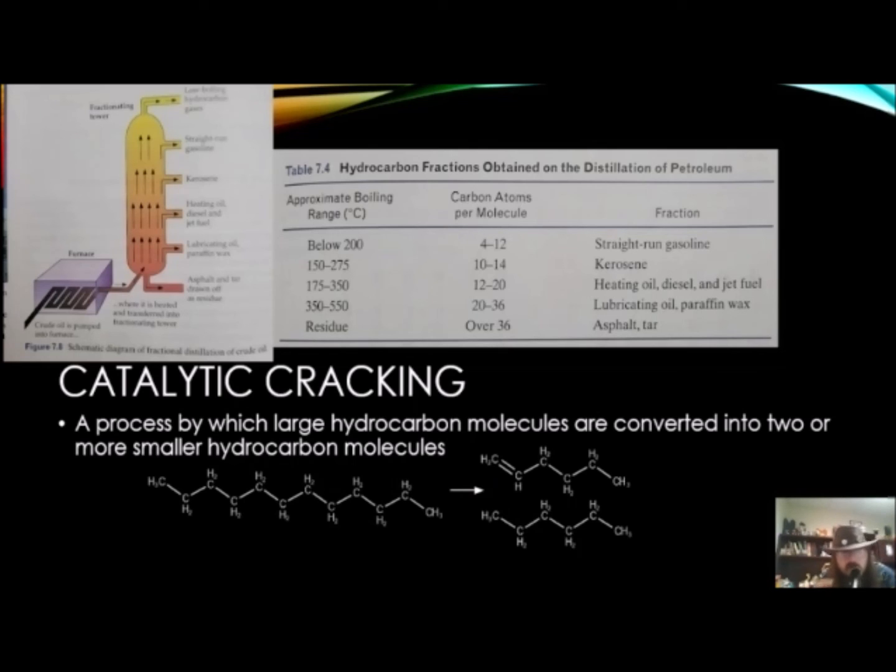So if we're willing to lose some of our kerosene and lose some of our heating oil, we can produce more straight run gasoline. Of course, we have to walk a very careful tightrope because on cold winters, we need more kerosene, but on mild winters, we're probably going to need more gasoline. So do we crack more kerosene or leave the kerosene where we need it?